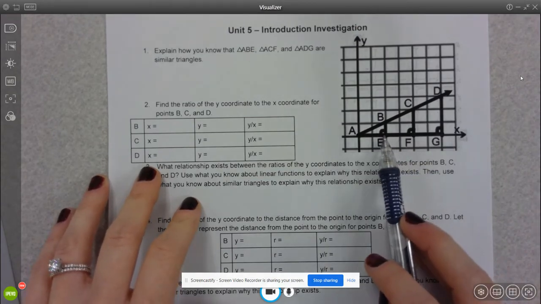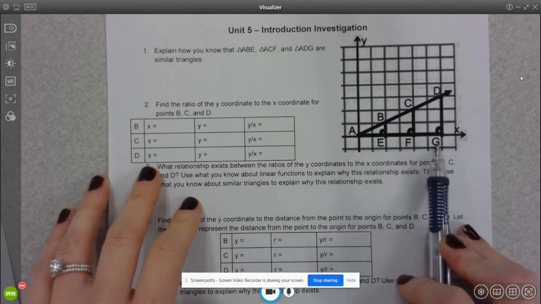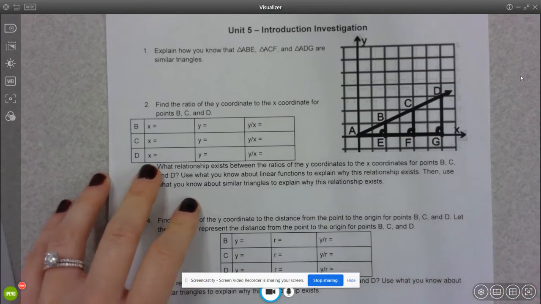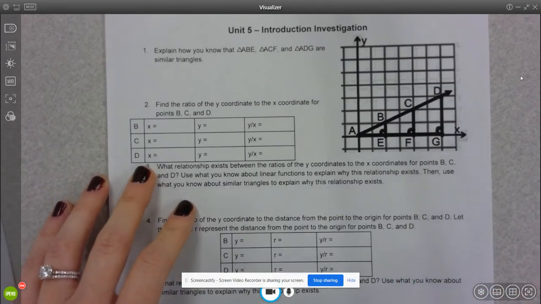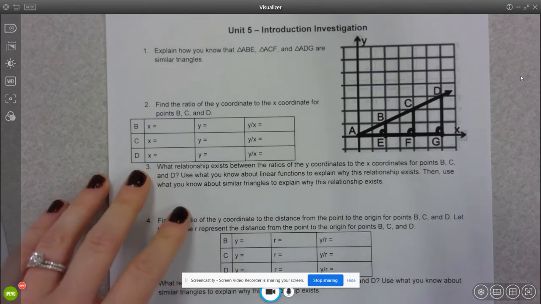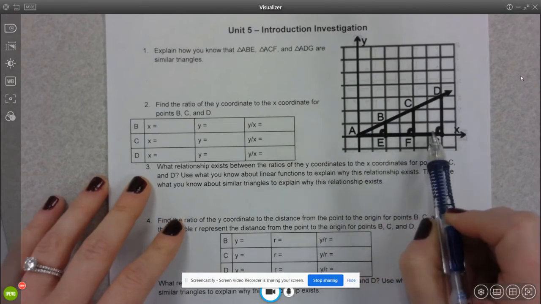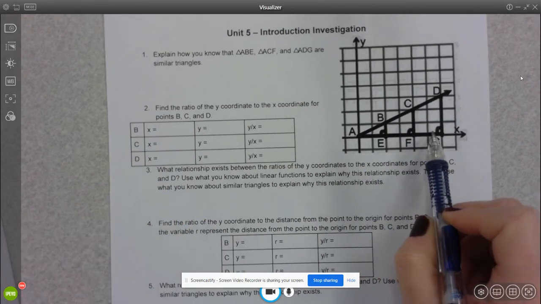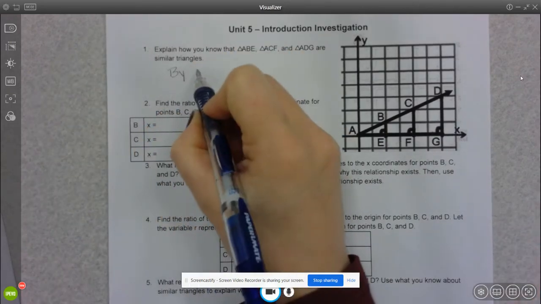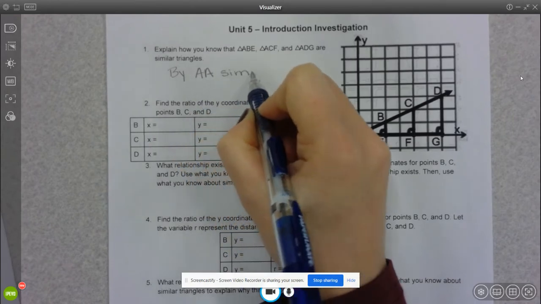I also see that E, F, and G are all right angles. Well, I know every right angle in the world is 90 degrees, and it's congruent to every other right angle. So because I have angle A and then these right angles being congruent, they are similar triangles by the angle-angle similarity theorem.